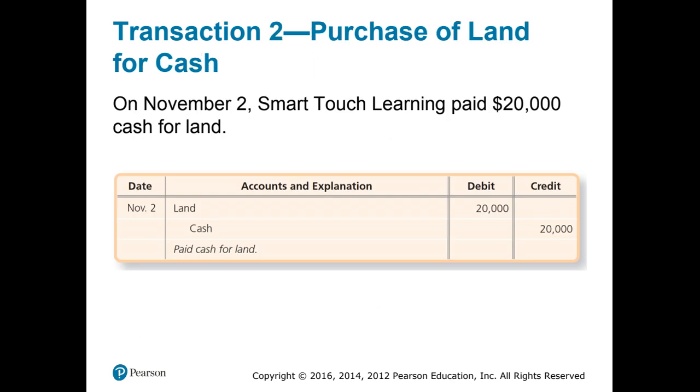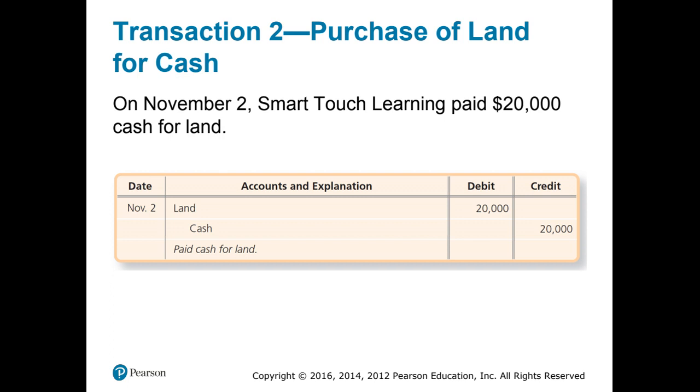So for transaction 2, now we have purchased land. On November 2nd, Smart Touch Learning paid $20,000 cash for land. So what are we going to do? We paid out $20,000. So first we need to identify the accounts and the account type. The 2 accounts that were involved are cash, which is an asset, and land, which is an asset.